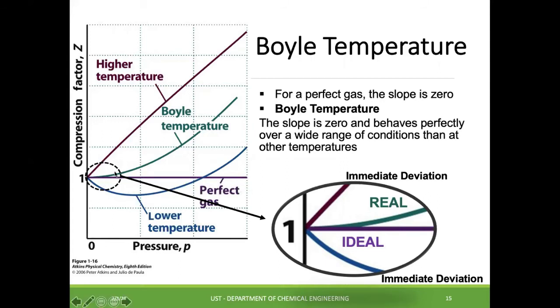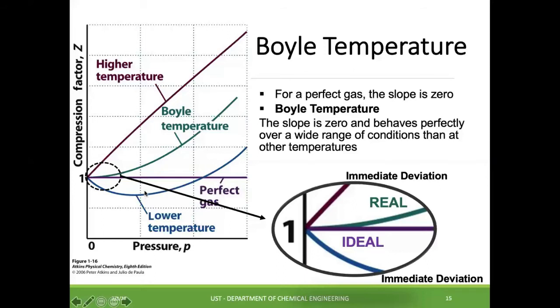So this means that there's no intermolecular forces of attraction. But at lower temperature, the lower the temperature, the lower the kinetic energy. So at this point, phase change is happening, like condensation.